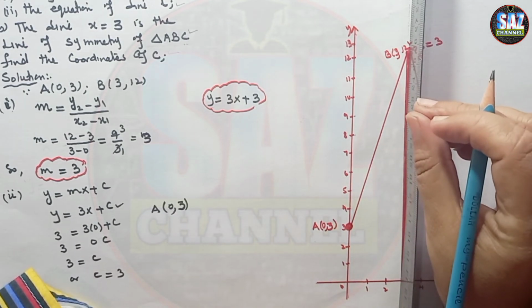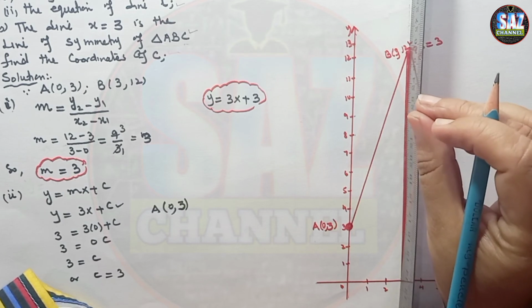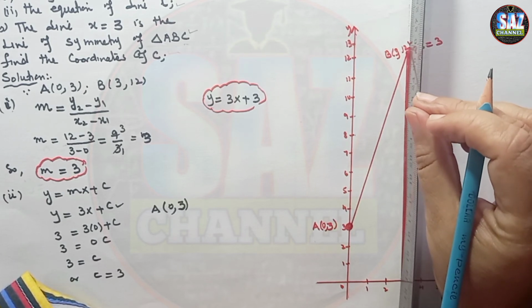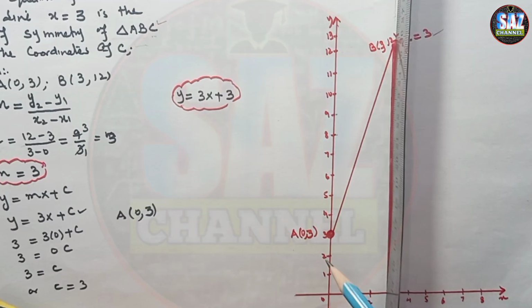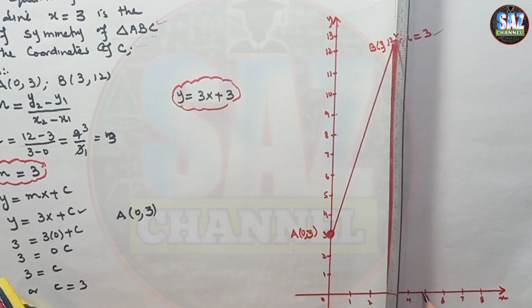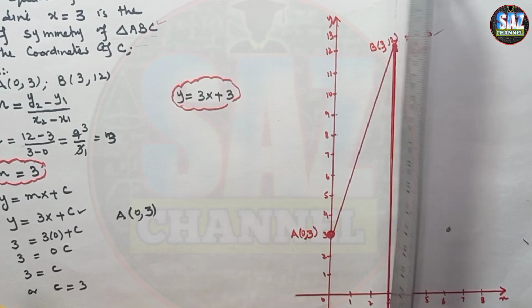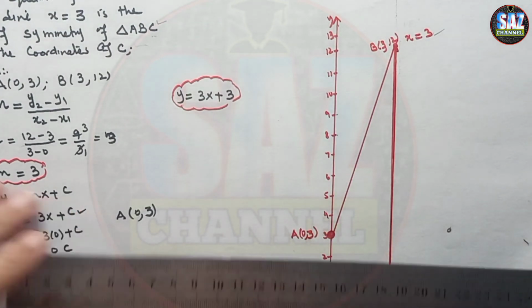B has no new image because point B is on the mirror line, so it is an unchanged, or invariant, point. But A is at a 3-unit gap from the mirror line, so the image will be formed at a distance of 3 units from the mirror line on the other side. So the image of A will be at (6, 3), so C will be at (6, 3).